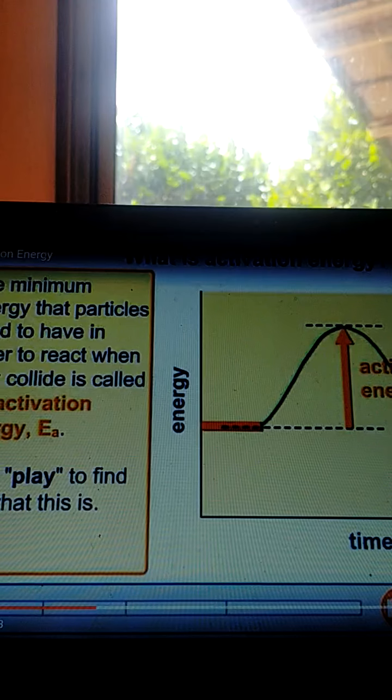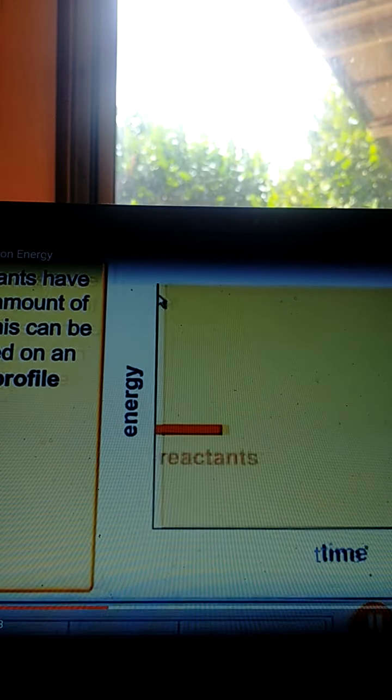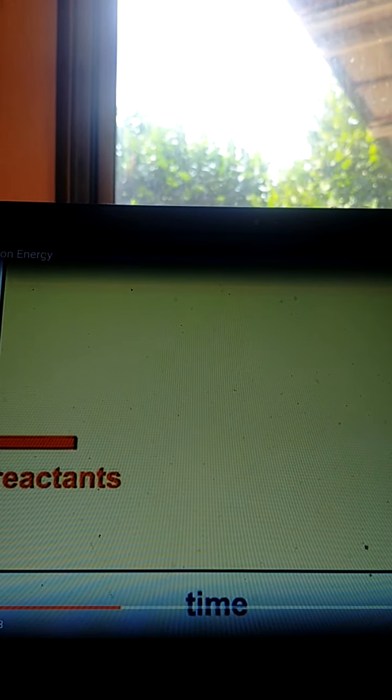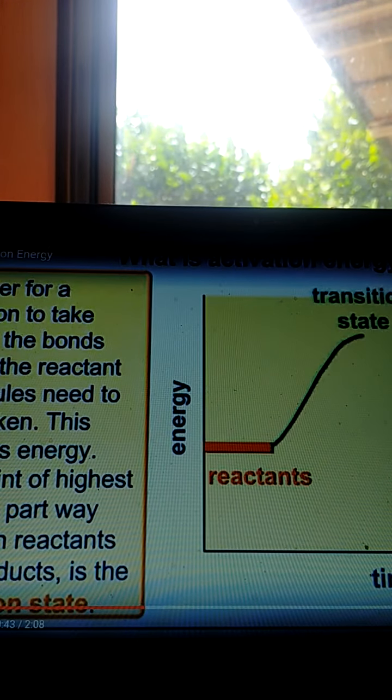Okay, so you just told me it's an enthalpy diagram and you've put energy up here. Still.